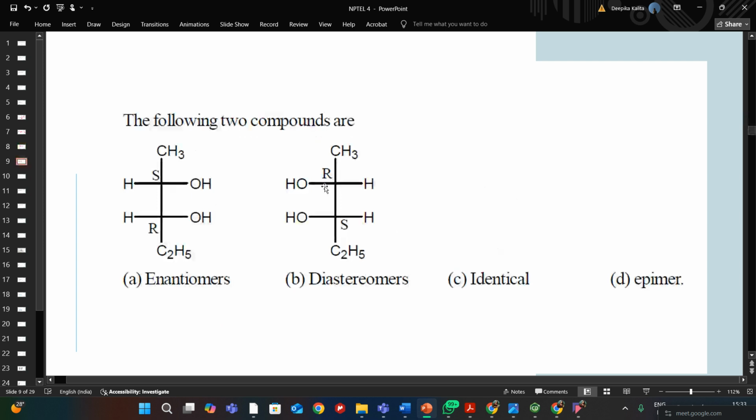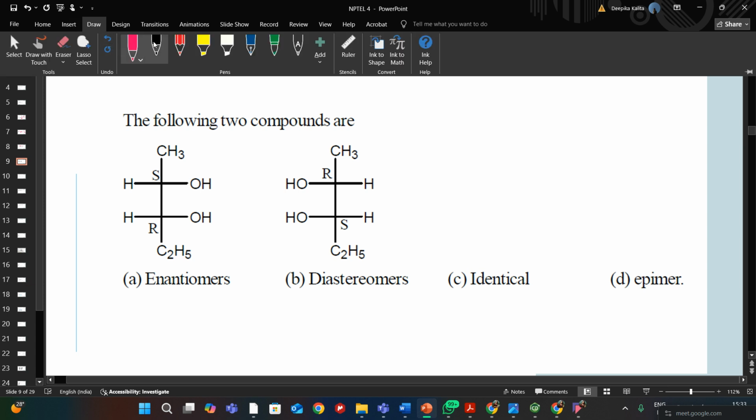Now, this is another similar question where a set of organic compounds are given, and this time the absolute configurations are already given to you. You just have to decide whether these molecules having such absolute configurations will be enantiomers, diastereomers, identical, or epimers.